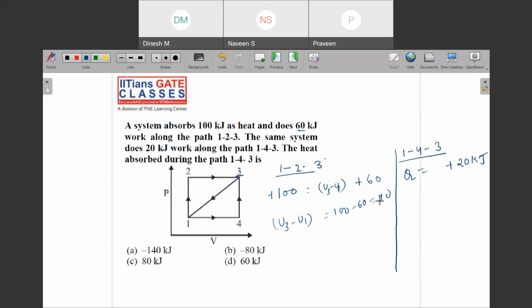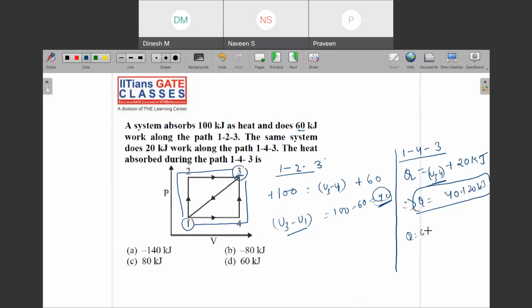And what about U3 minus U1? Again, here we will be using U3 minus U1, because you have started from 1 and reached 3. So here U3 minus U1 is 40. So 40 plus 20 kilojoule means Q is 60. So out of this Q equal to 60, 20 is converted into work, and 40 is converted into internal energy. Okay.